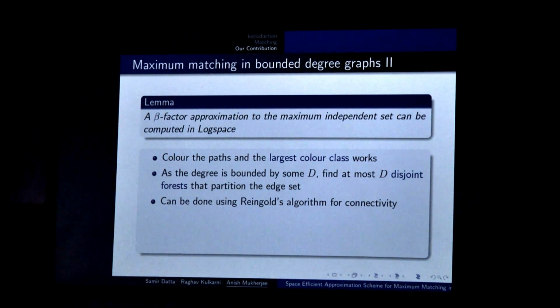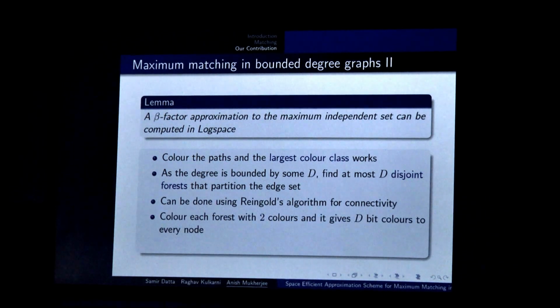You can find these forests one by one and remove them, and each forest we can color with just two colors, since these are all trees. Since the number of forests is bounded by D, this gives a D-bit coloring of the nodes. For every edge-disjoint forest, we give one bit of color and put together all these bits, so it gives a D-bit color.